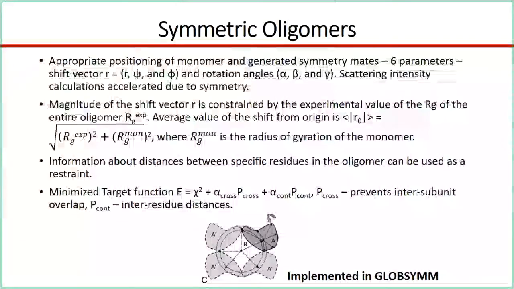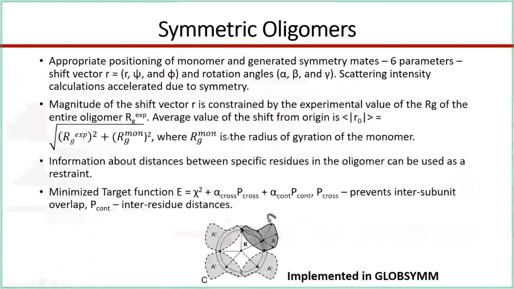The scattering intensity calculations can be accelerated by applying a symmetry operation because it's a symmetric oligomer. What is important is the magnitude of the shift vector, which again depends on the size of the monomer, so on the Rg of the monomer and the Rg of the entire oligomer.